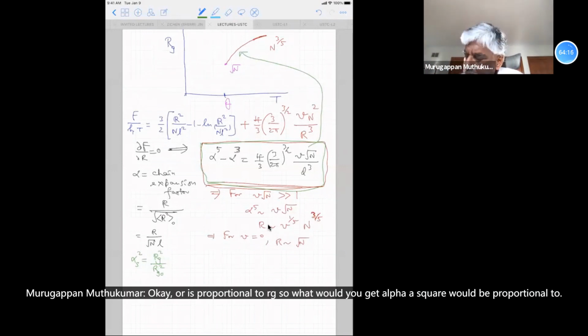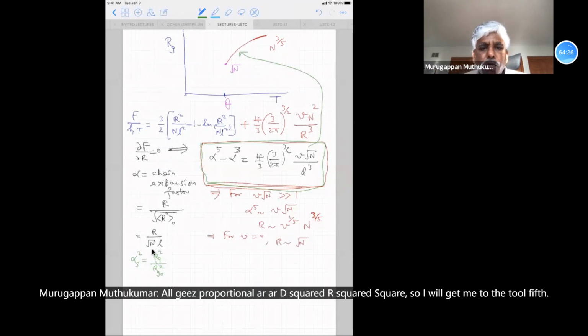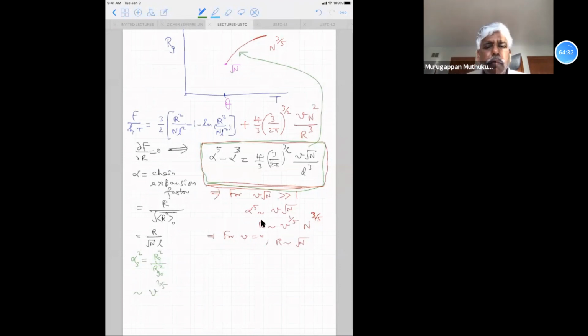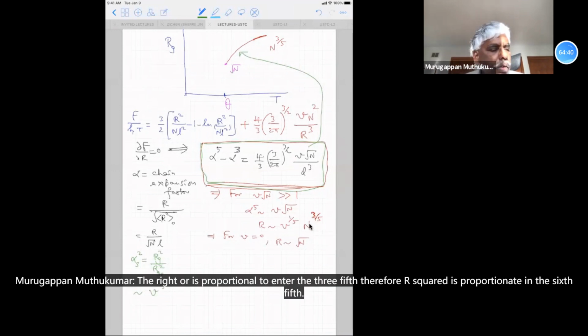So what would you get? Alpha S squared would be proportional to, right? RG is proportional to R, RG squared is proportional to R squared. So I will get a V to the 2/5, and R is proportional to n to the 3/5.